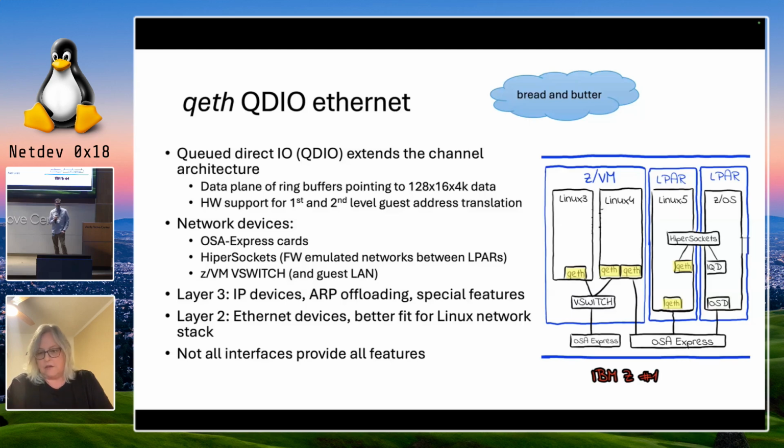That is still in use, and actually z/OS still uses that mainly. For Linux, it's not a perfect fit because the network stack expects an Ethernet device today, and many things like DHCP rely on Ethernet devices. So today, all these interfaces can be switched into layer 2 mode, as we call it, which means they represent themselves as Ethernet devices to the operating systems, and that is the way we mainly use them in Linux.